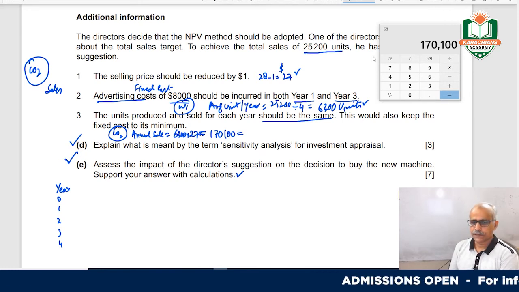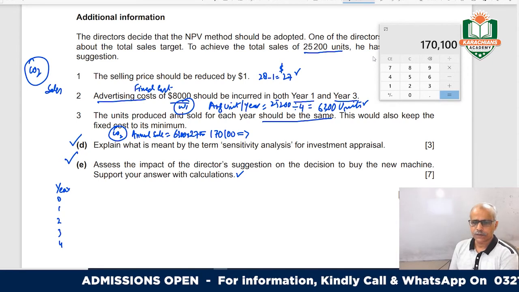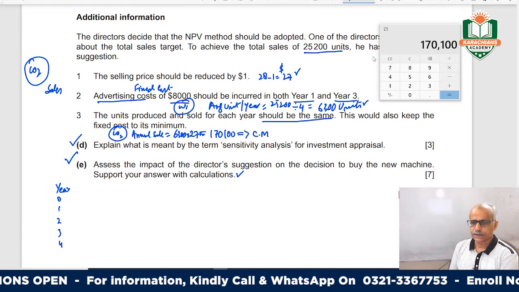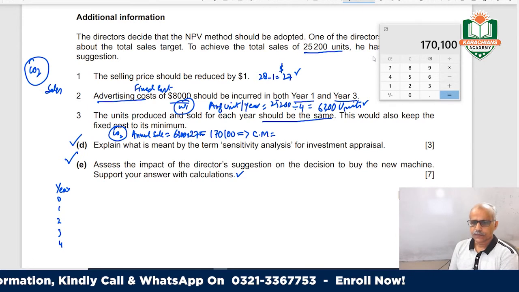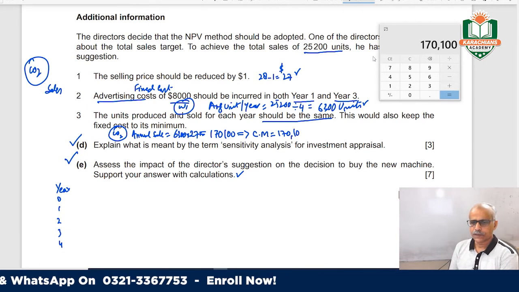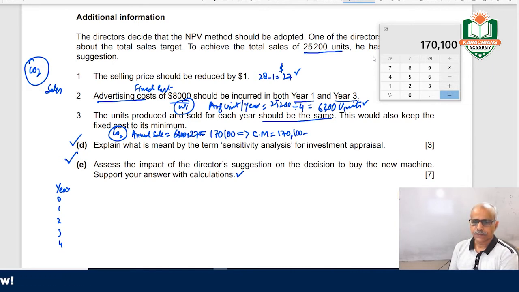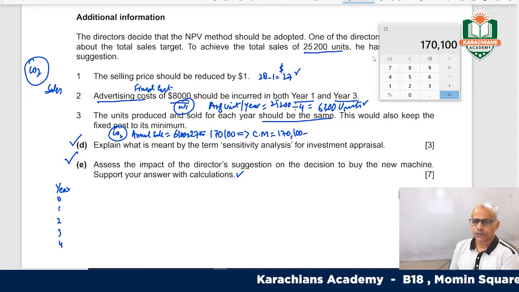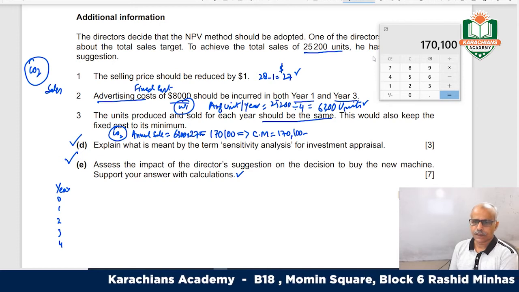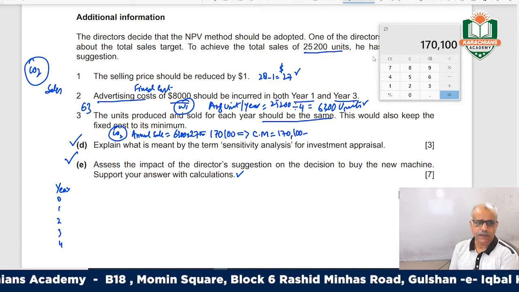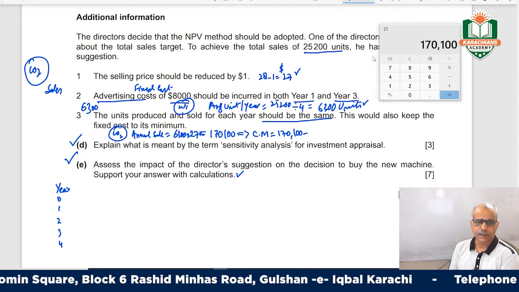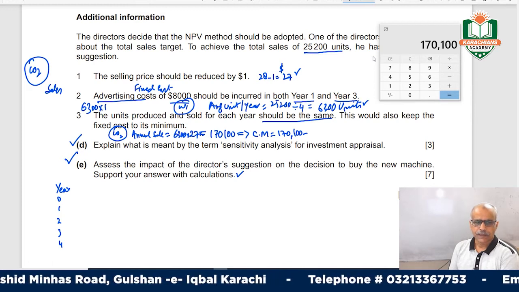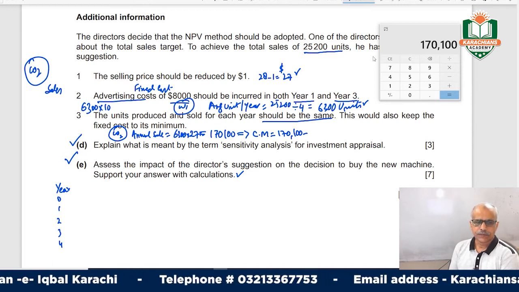And from these sales, if you deduct variable cost, your contribution margin will be 170,100 minus variable cost, which is $10 per unit on 6,300 units.